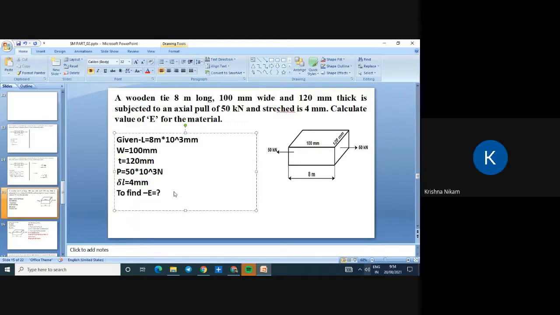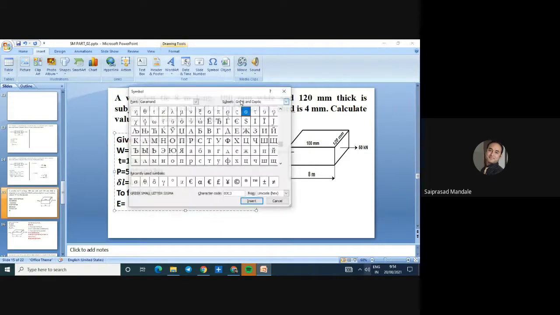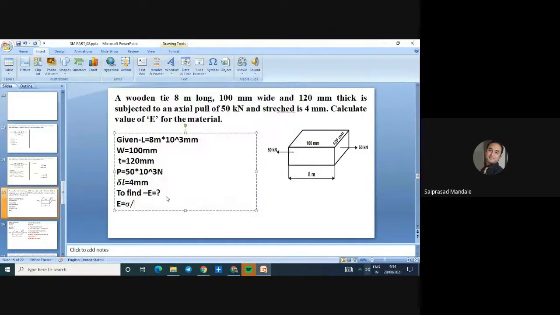Stress upon strain. Okay, perfectly correct. E is equals to stress upon strain. So let me insert. E equals stress upon strain. Okay. So can anybody tell me how to find out stress?